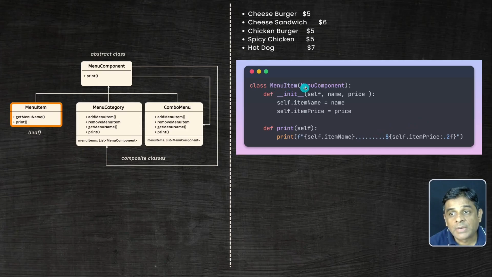This is the menu item class. Menu item means all the leaf items, like cheeseburger, cheese sandwich, and their appropriate prices. So this is a constructor that holds name and price, and a print function that displays the item name and item price.